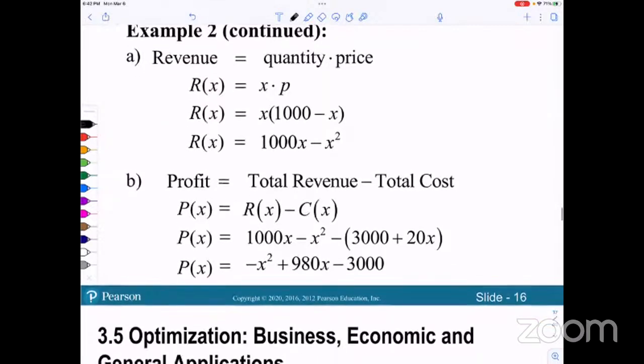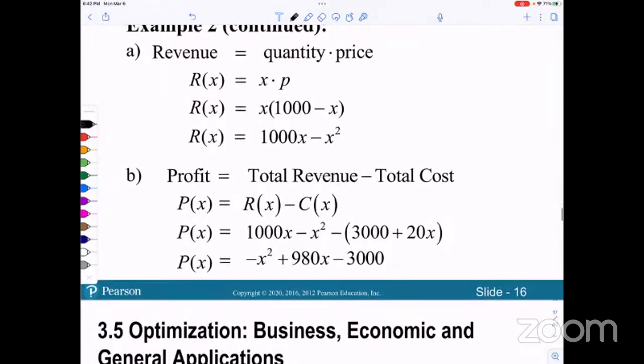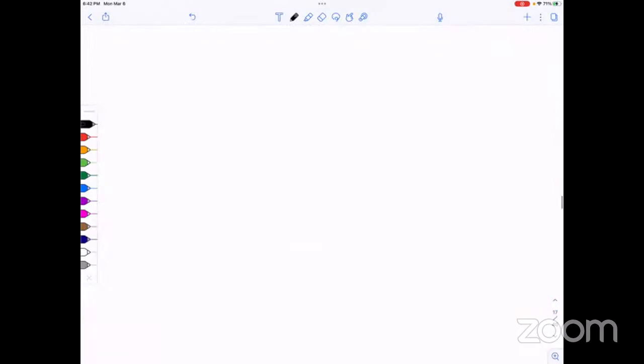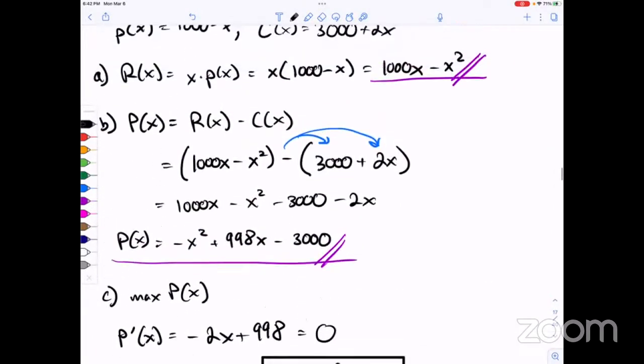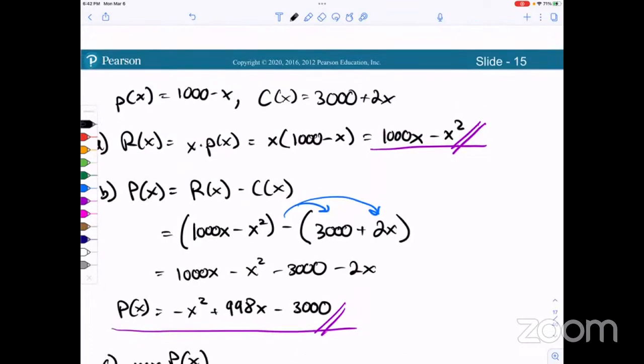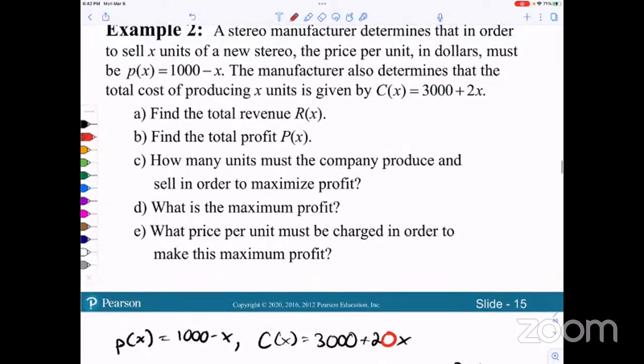And I think it is supposed to be 20. Let me make that change and see if I can get the same numbers that they have, right? So I'll note it here. It's just a typo error. I think this is supposed to be a 20, because if we go back to the original, you see it's a 2x, and that's what's throwing us off. Okay. So let's do that cost function.